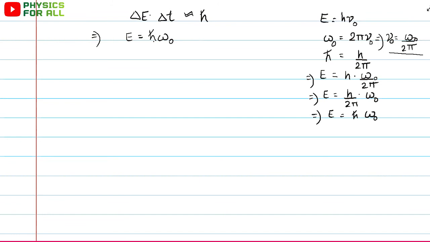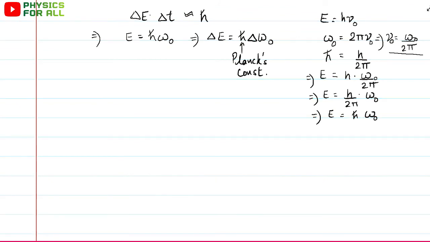So if E is h cut omega naught, then delta E would be h cut delta omega naught, because h is a constant. It's Planck's constant, so we cannot expect this to change ever. So if there is some uncertainty in energy, then that would be simply due to uncertainty in the angular frequency.